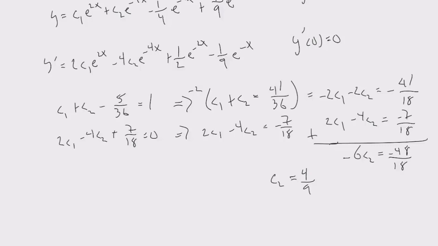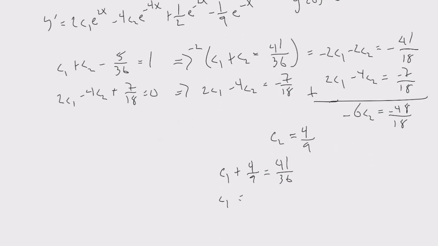And then we got C1 plus 4/9 equals 41 over 36. So C1 equals 41 over 36 minus 16 over 36, which is 25 over 36. Okay, so let's put this all together.